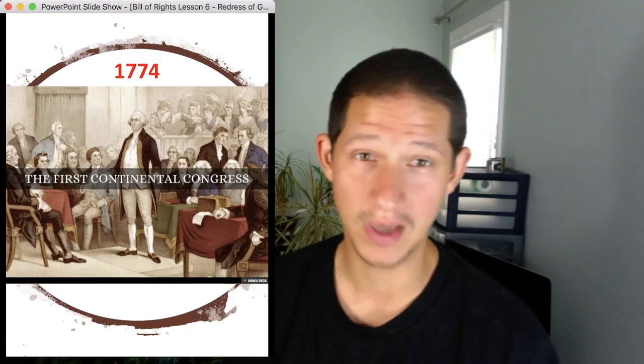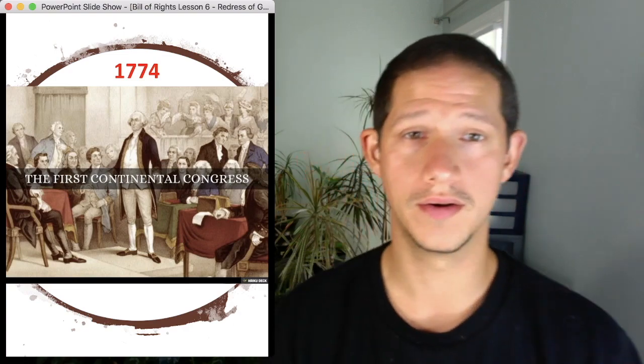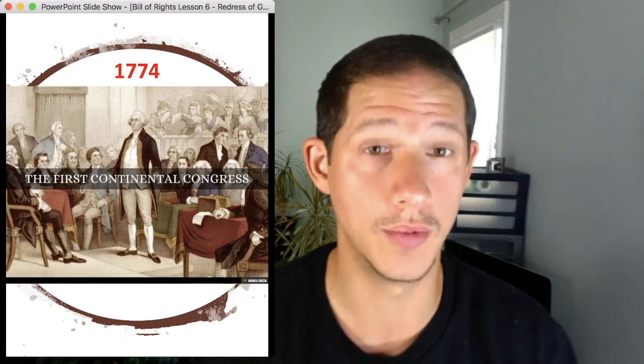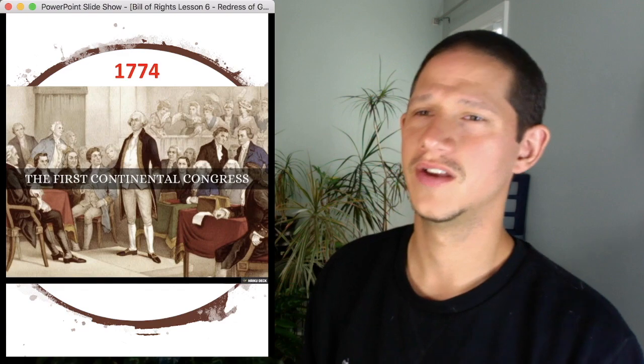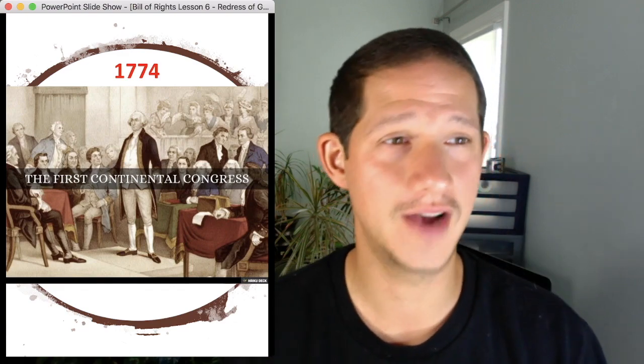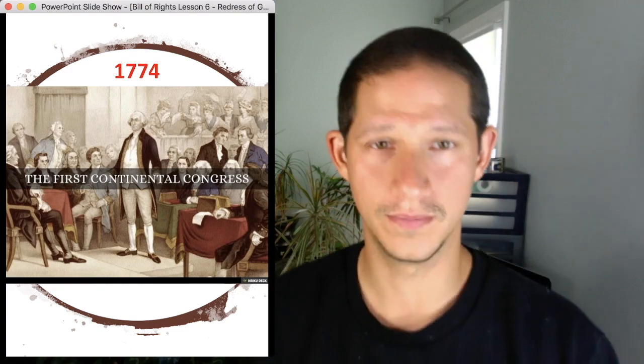After the Intolerable Acts, the rebellion spread, right? It wasn't just Boston, Massachusetts. Not all of a sudden, but everyone was really taking note. New York, Pennsylvania, North Carolina, South Carolina, Virginia, right? Everyone was taking note.